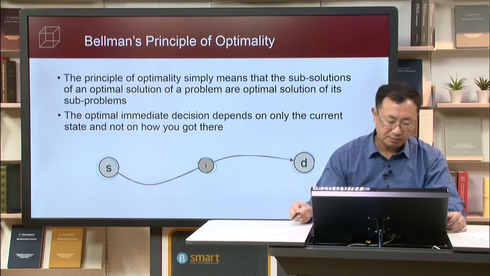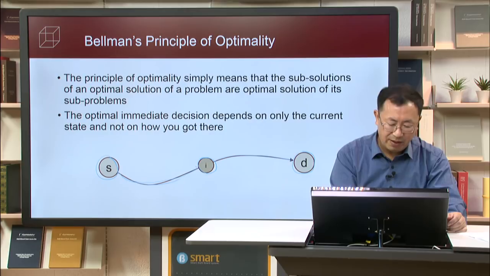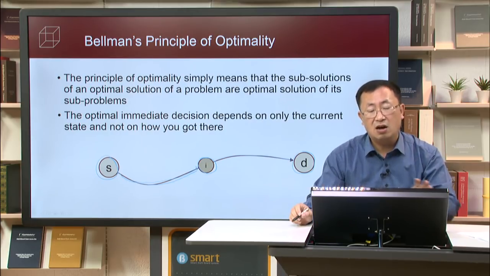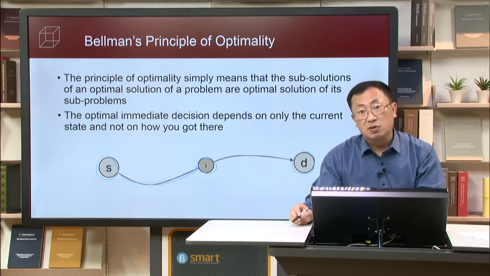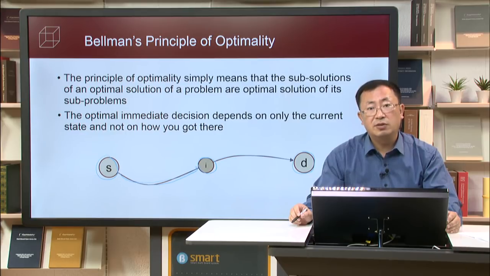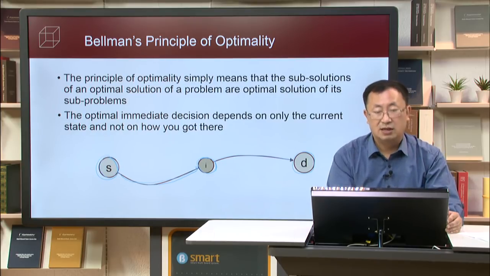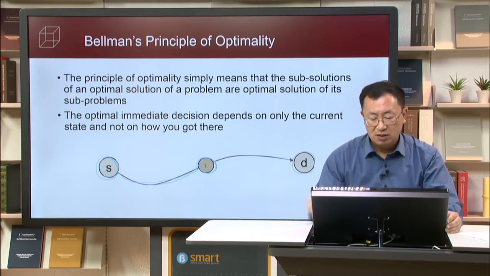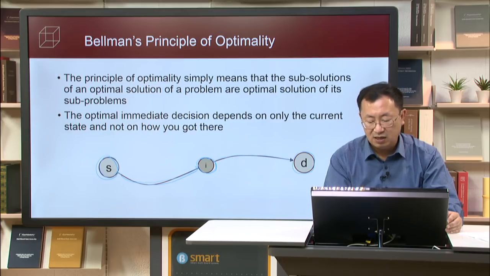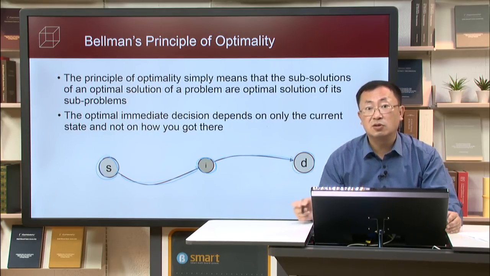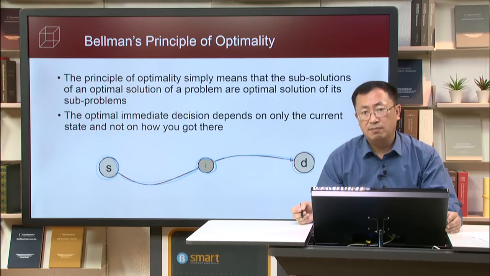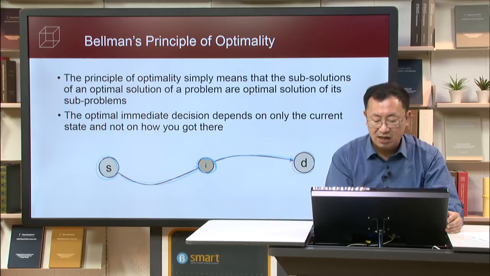Probably this subpath from S to I on the optimal solution must be the optimal solution to the problem of finding the shortest path from node S to node I. Also, this subpath from I to D in this optimal solution must be the optimal solution to the subproblem, finding the shortest path from I to D.